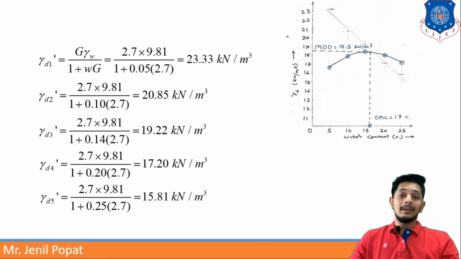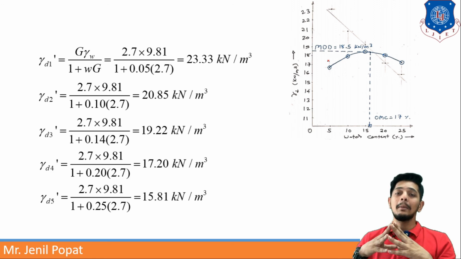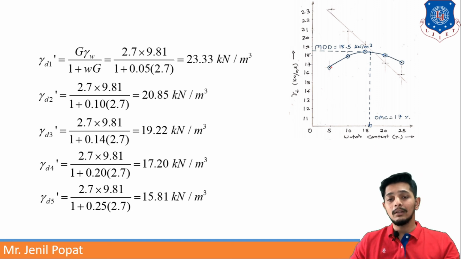Now, gathering all these values, I will plot a graph. You can see a graph of gamma D versus water content. Here, I'll put the first gamma D1 to gamma D5 values. So, every gamma value according to water content will make a graph like this. You can see this curve. This curve is going to provide me MDD and OMC.